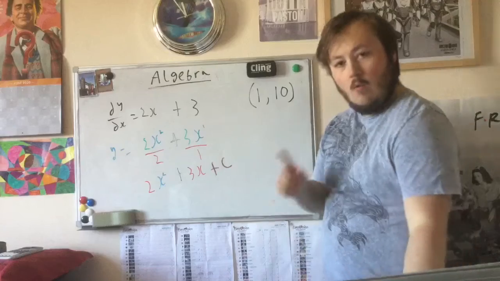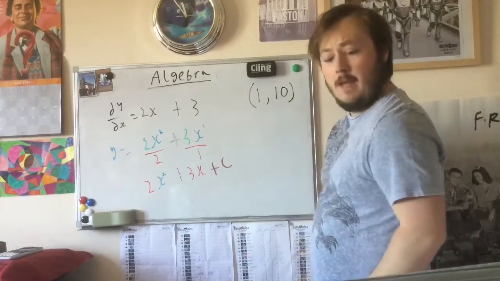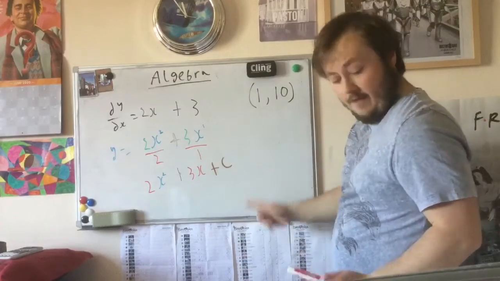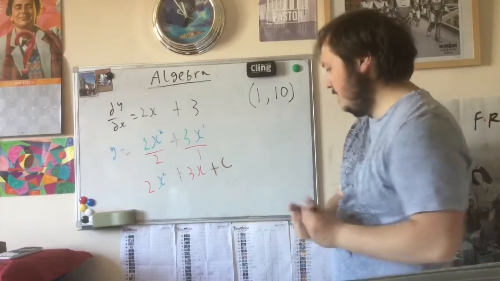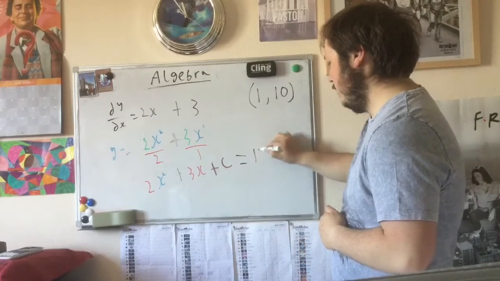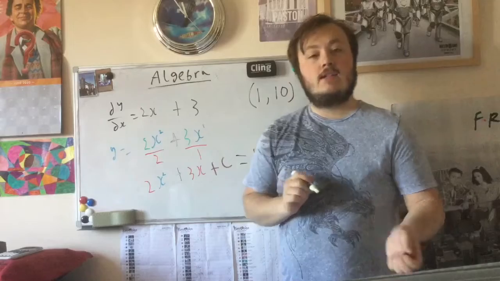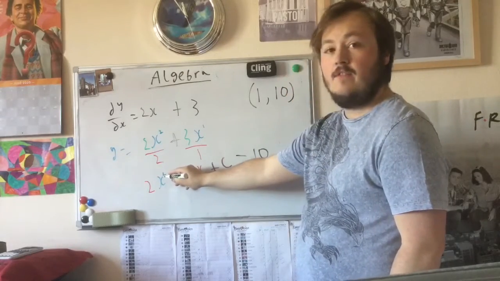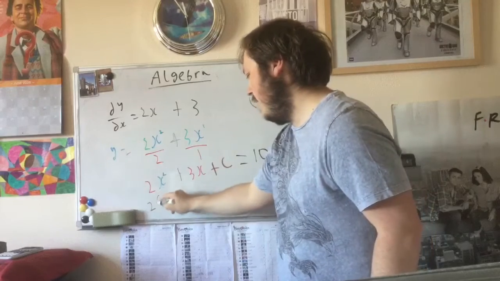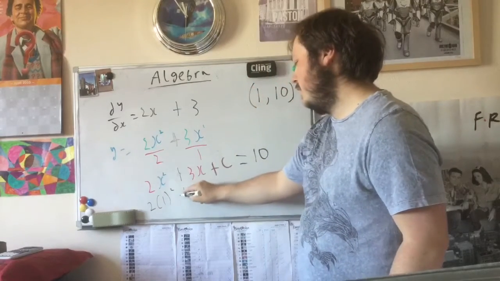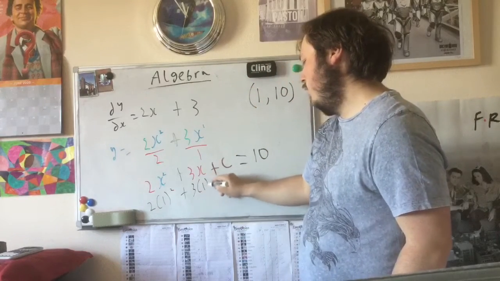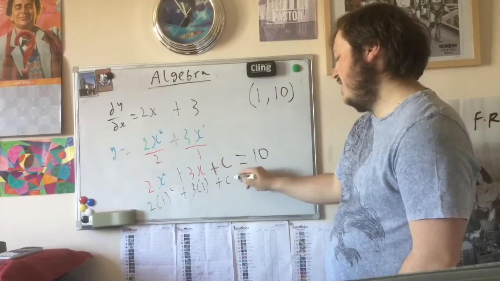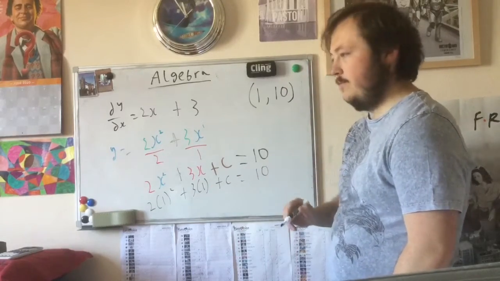Now, what we know, thanks to this little bit in the corner, is that all of that will equal 10. And we know what our x values are. So what we do is we have our 2 and we square the x value we have. So we do 2 brackets 1 squared plus 3 brackets 1 plus c gets you 10.